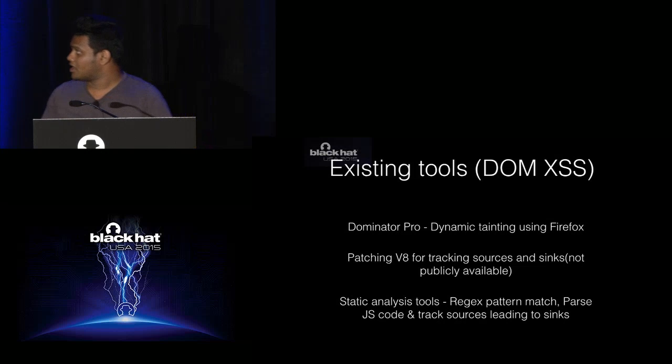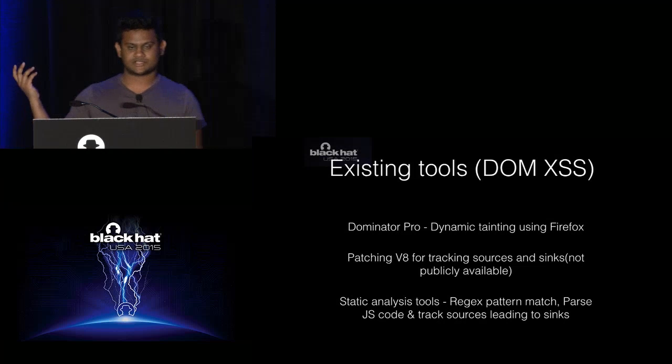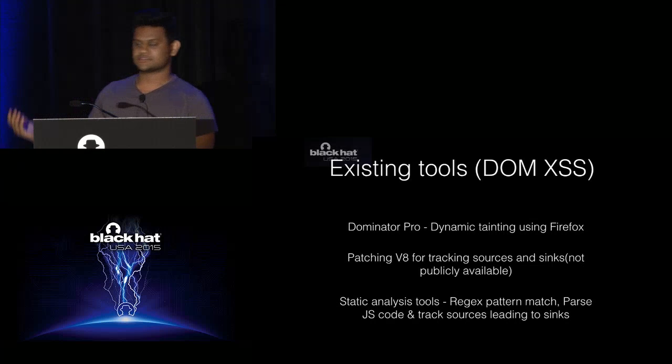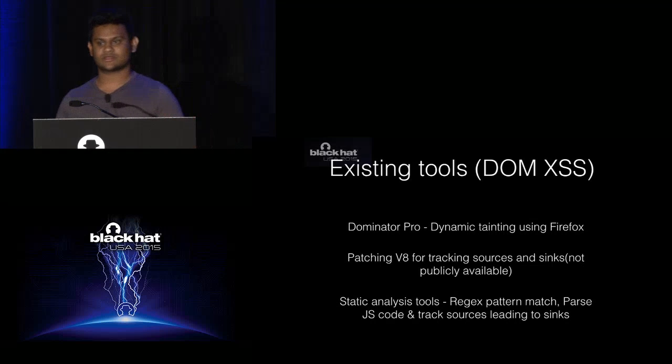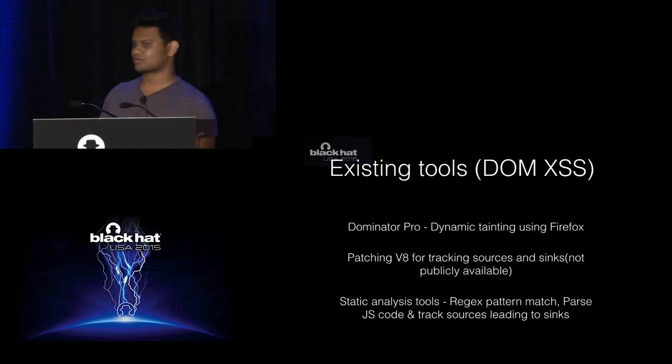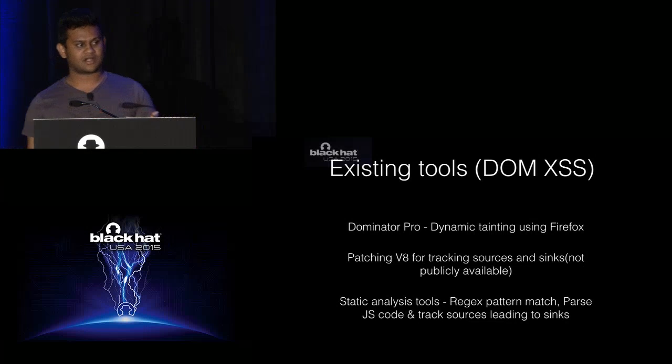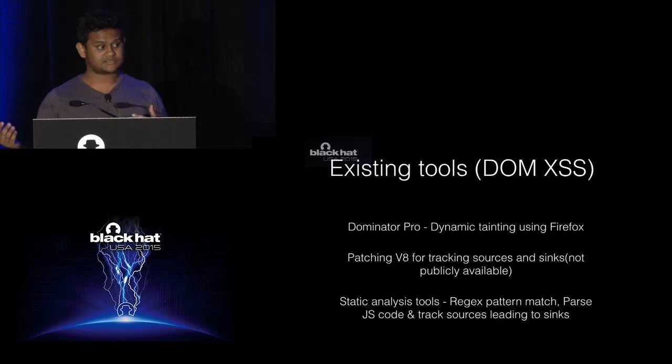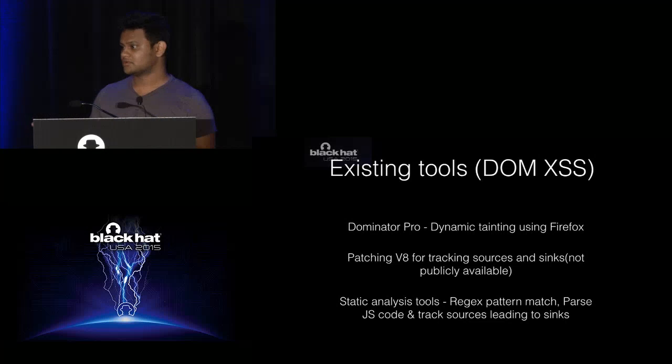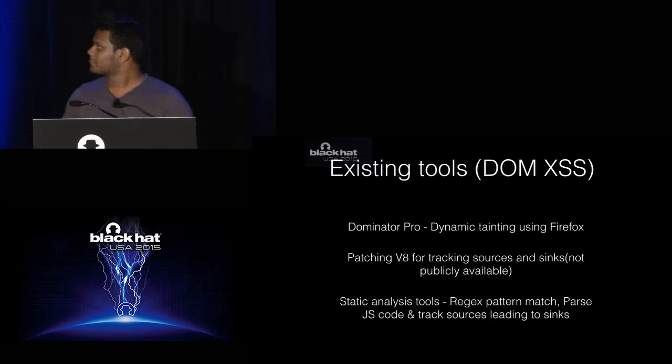So I've been using a few of these tools, especially Dominator Pro, for a long time, but there have been a few complexities in setting it up and doing things the Dominator Pro way. But by far today, it is the best DOM XSS scanner that I'm aware of that can find vulnerabilities by doing some dynamic tainting.